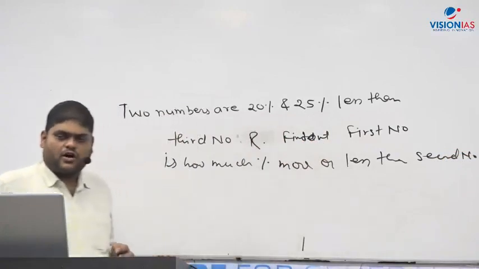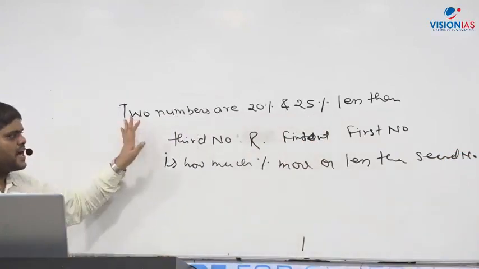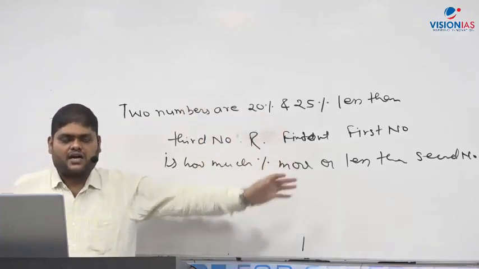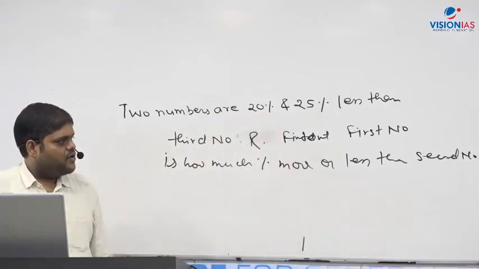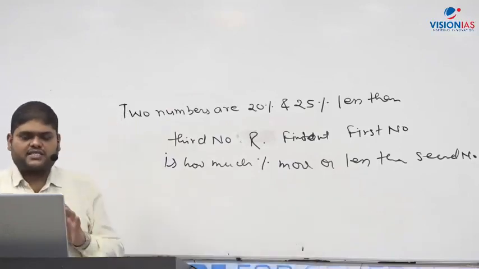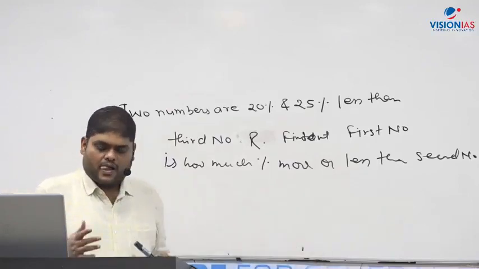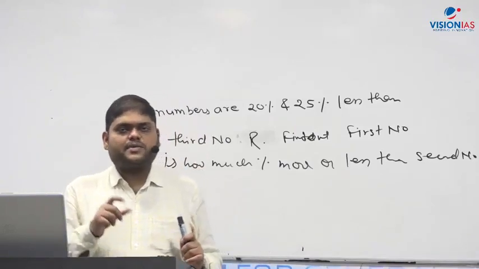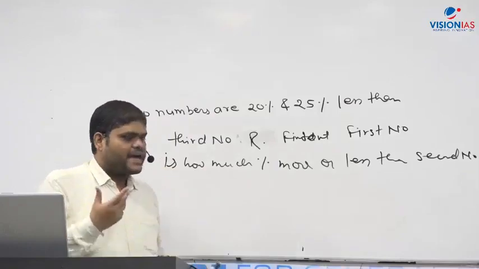Now the question is what? Two numbers are 20% and 25% less than the third number. Find out the first number is how much percent less than the second number. Now what I am doing? I am mixing the concept. The yesterday and today concepts I am mixing to make another question.